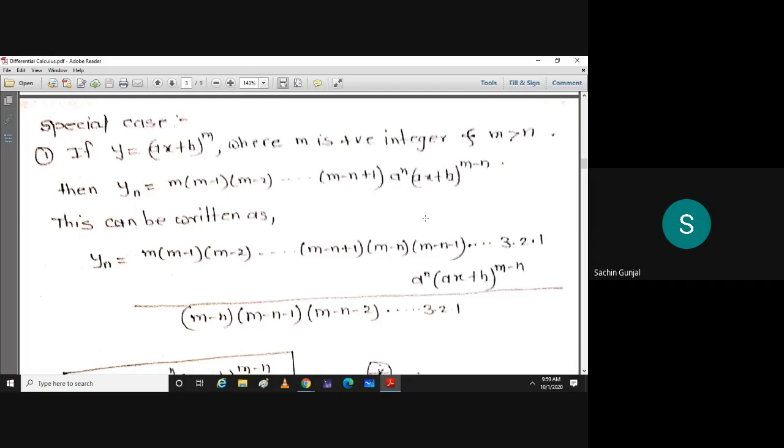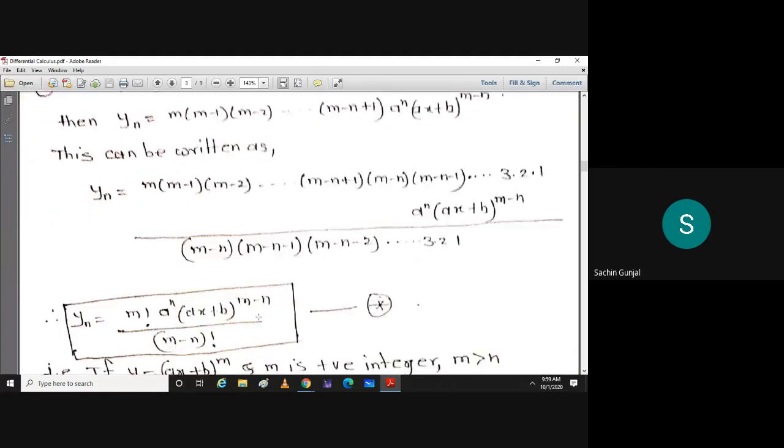That gives m factorial in the numerator. So we have m factorial a raised to n into ax plus b raised to m minus n upon m minus n factorial.